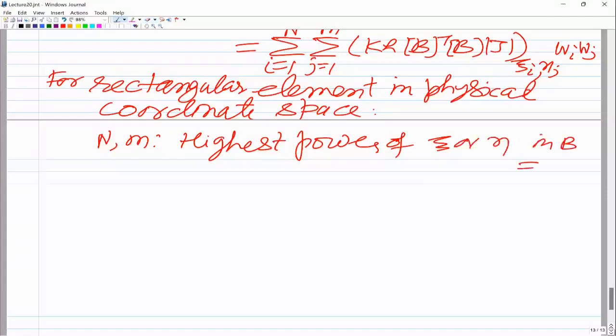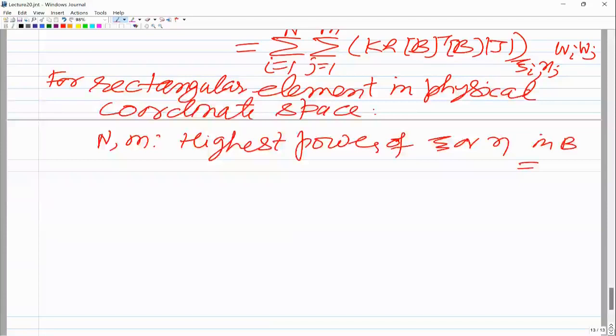Why is it 1? Because for the four noded element, the shape functions N1 and N2 are bilinear. That means they have a constant term, a xi term, an eta term, and a xi into eta term. So the highest power of xi or eta in the shape functions is basically 1.